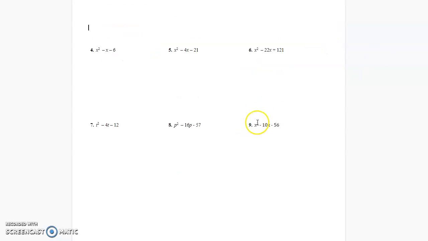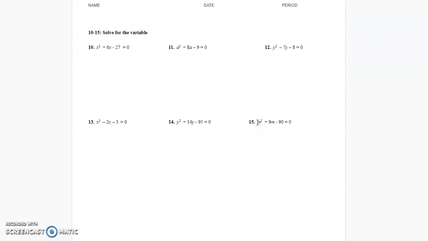So now let's try it where you actually have to solve for the variable, which is going to be like the puzzle piece, where I want you to fill in the blanks with the answers. Let's do a couple of these. Factors of negative 27 that add up to 6.